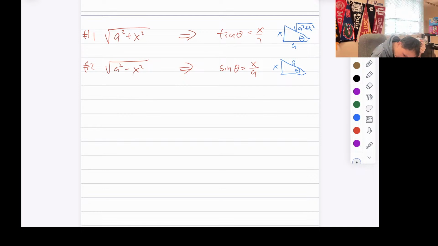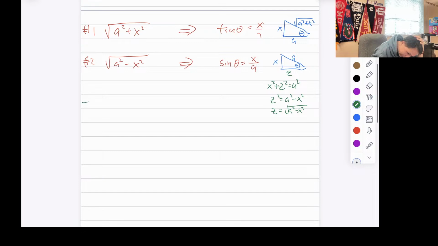Now assume that we don't know what this side is, we're going to call it z. So it'll be x squared plus z squared equal to a squared, so z squared equals a squared minus x squared. So z is equal to the root of a squared minus x squared. Is that okay? All good?